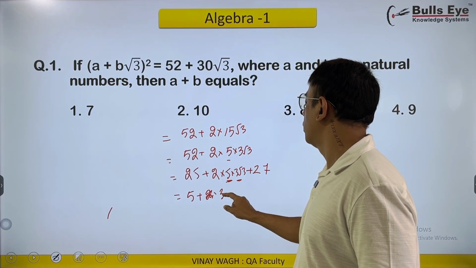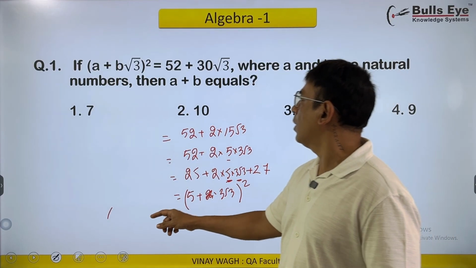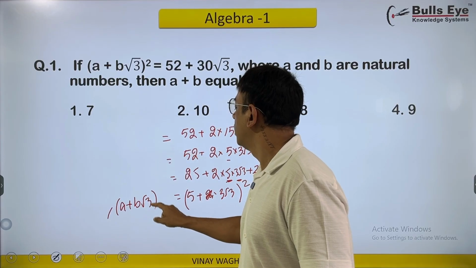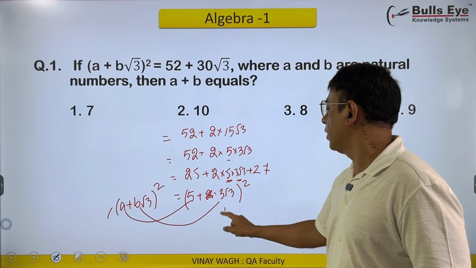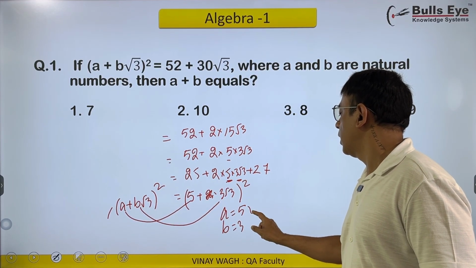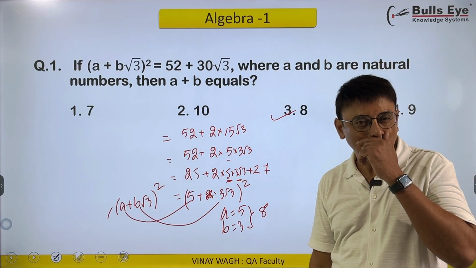B is 3 root 3) square. All is well. And now simply compare this with (a plus b root 3) the whole square. A is 5 and b is 3. If a is 5 and b is 3, our answer is 8. And that's your answer. Option number 3.